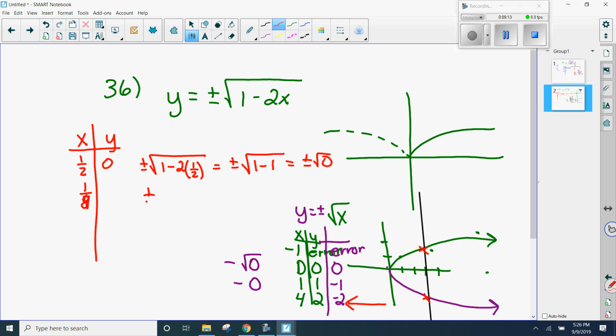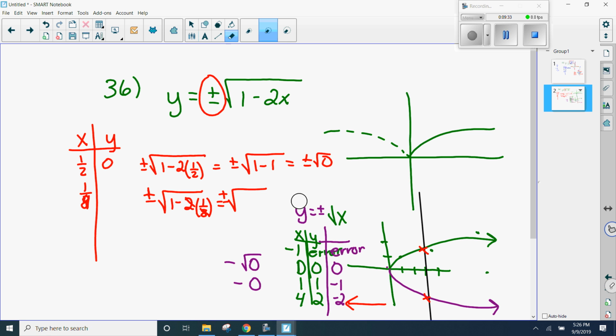You put it in and you get plus or minus the square root of 1 minus 2 times 1/8. 2 times 1/8 is 1/4, so you get plus or minus the square root of 1 minus 1/4, because it has that plus or minus in front of it right there, which is plus or minus the square root of 3/4.